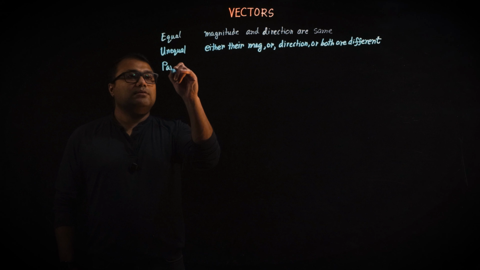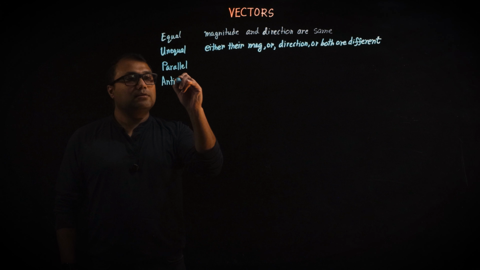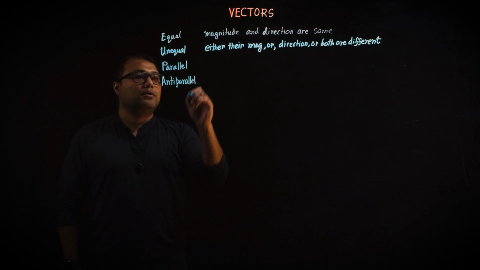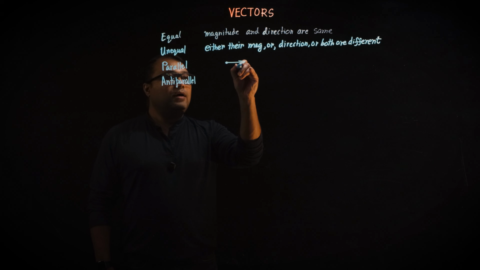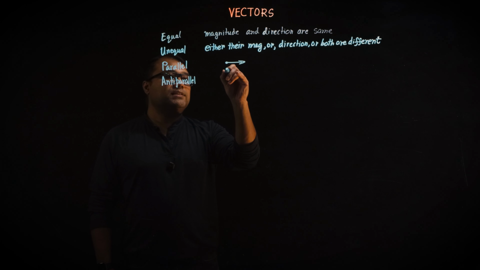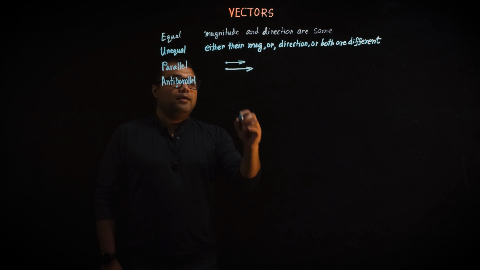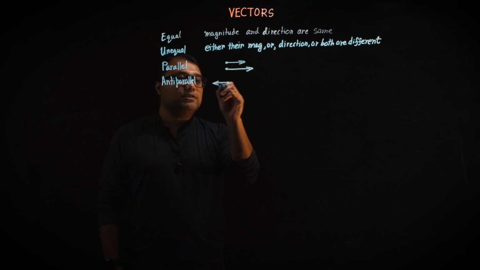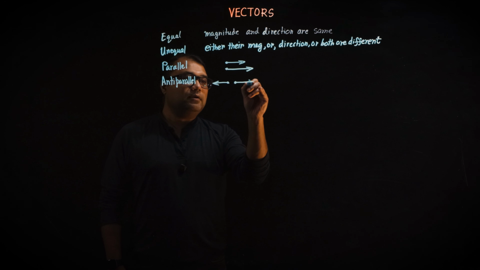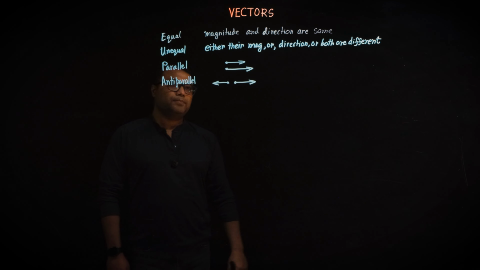Parallel vectors and anti-parallel vectors. If both the vectors are pointing towards the same direction, then they are parallel vectors. If one vector is pointing this way and the other is pointing in the opposite way, then they are anti-parallel vectors.